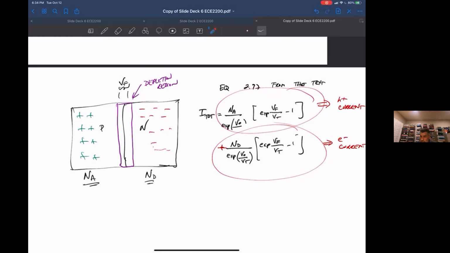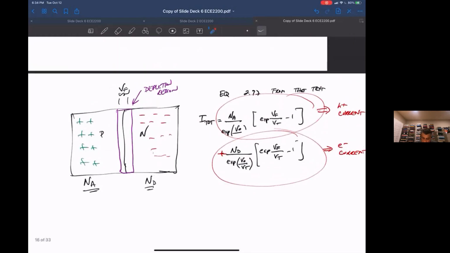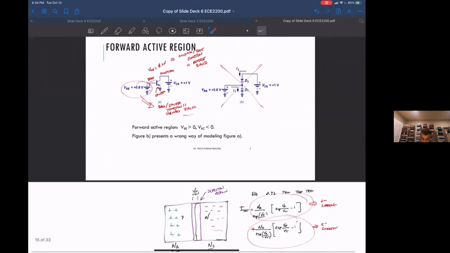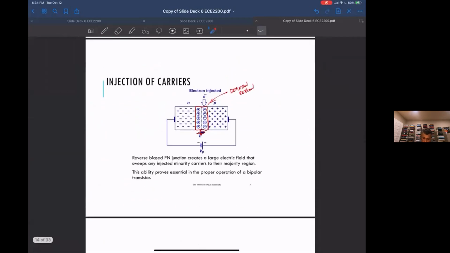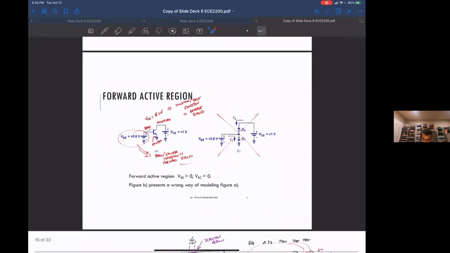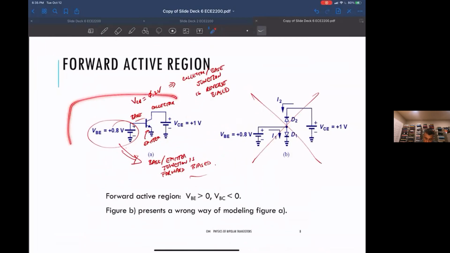All right. So to continue, here are the things to think about that will help us in this coming slide. If you had a PN junction and we put an electron in the depletion region, it would get swept off. Second, we're putting certain voltages across this transistor, making the base a higher voltage than the emitter, making it forward biased, and making the collector-base junction reverse biased.